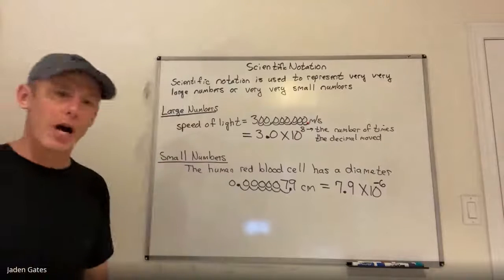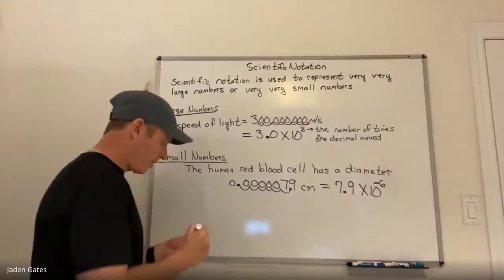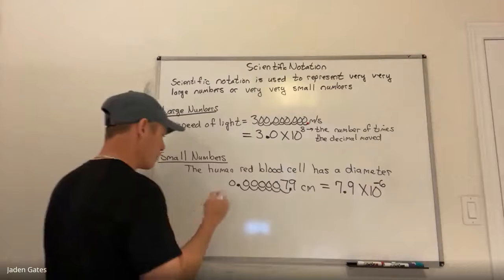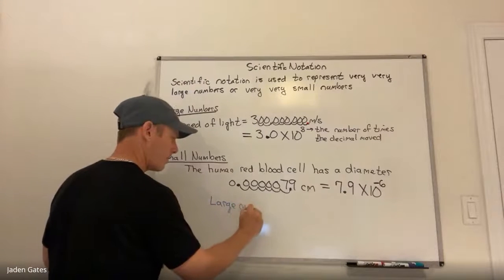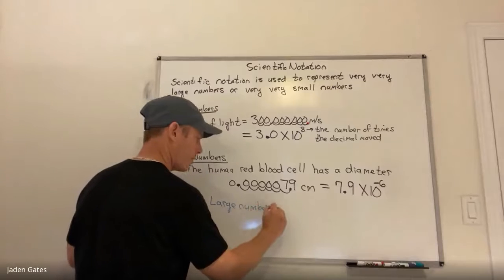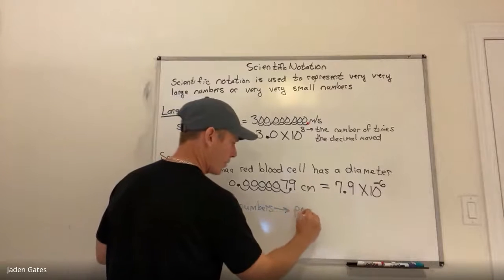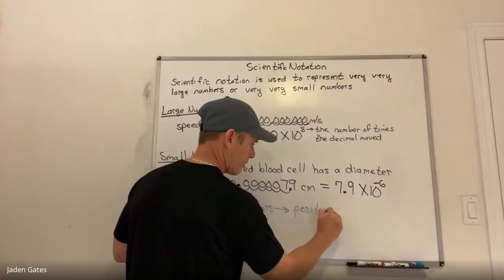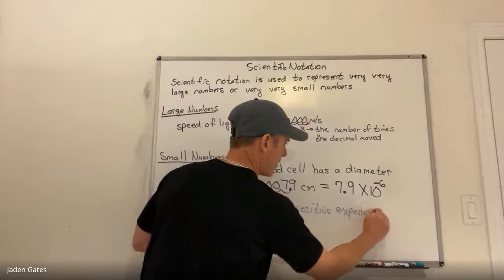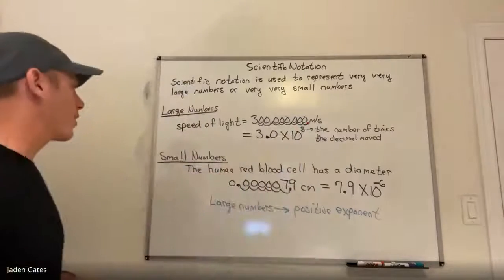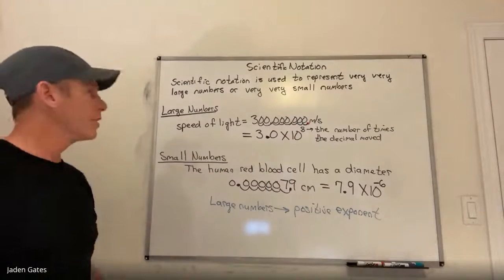Now, here's why. Because when you're dealing with large numbers, you got a positive exponent. And so that's with our speed of light there. That's a big number, large number.